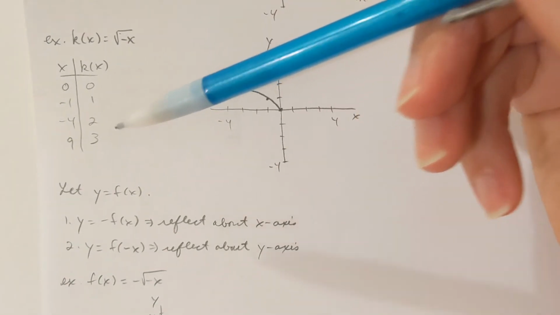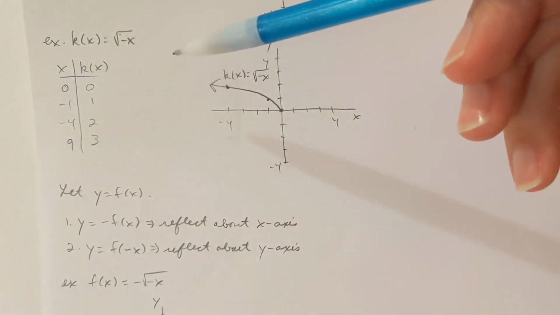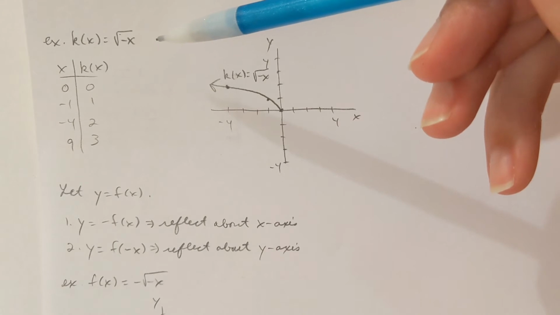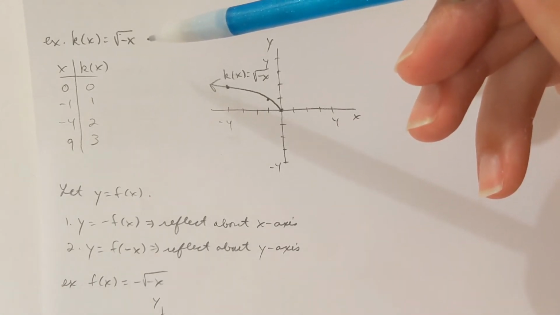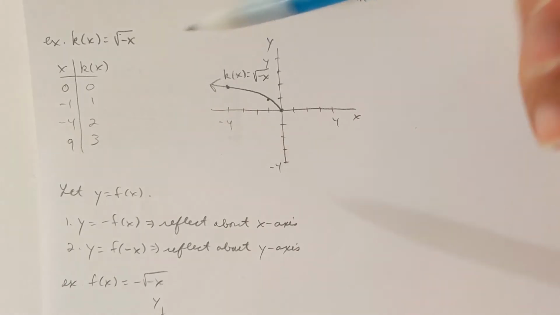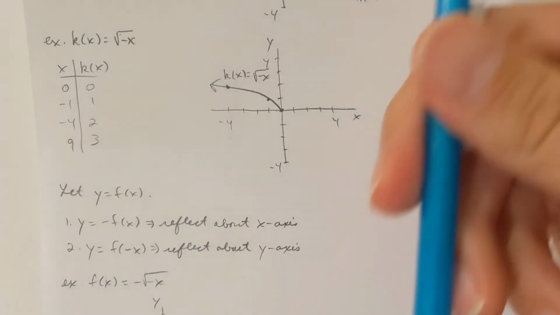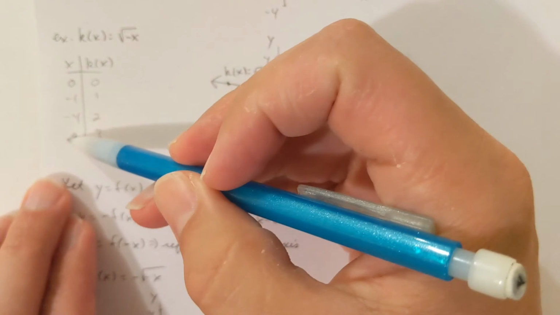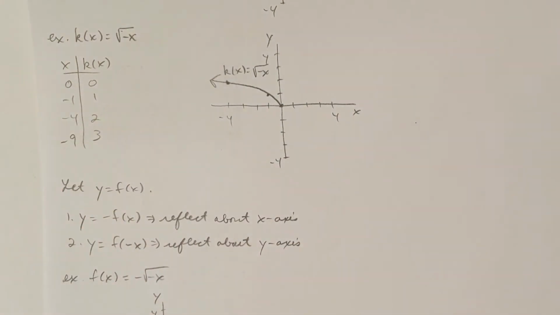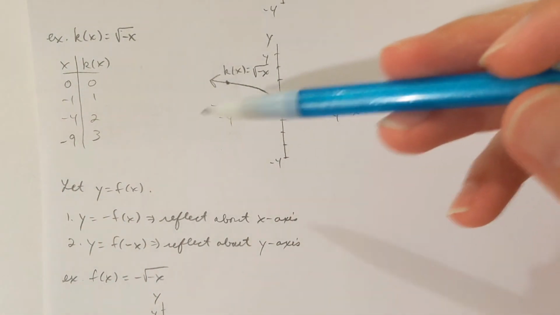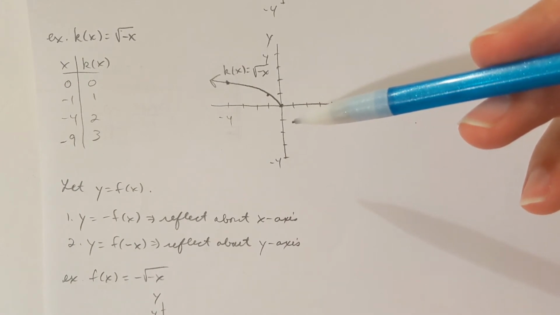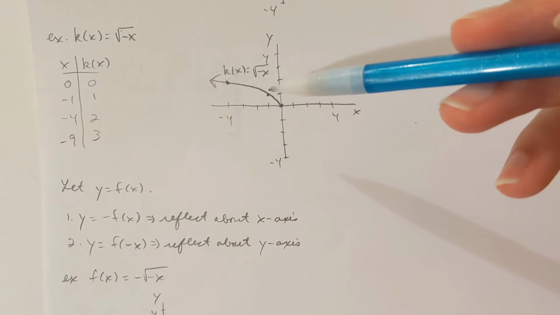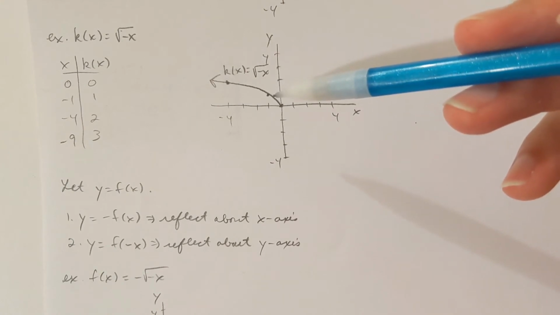And if x is negative 9, negative of negative 9 gives me 3. And that should be a positive there. Sorry about that. So I end up getting half of a parabola kicked on its side, facing outward towards the left.